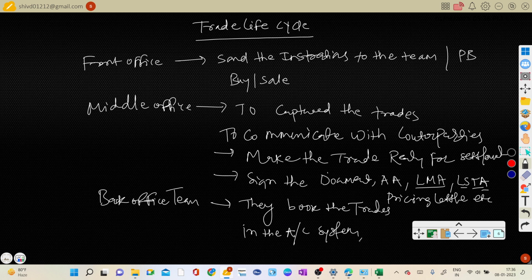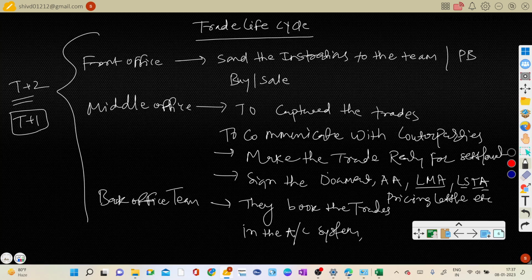So this particular cycle takes T plus 2 days. Recently the Indian regulator announced a T plus 1 system for reputed or qualified stocks.